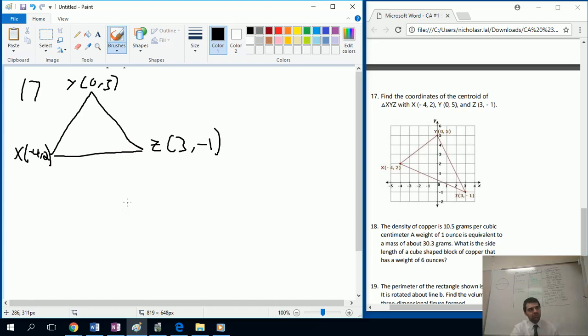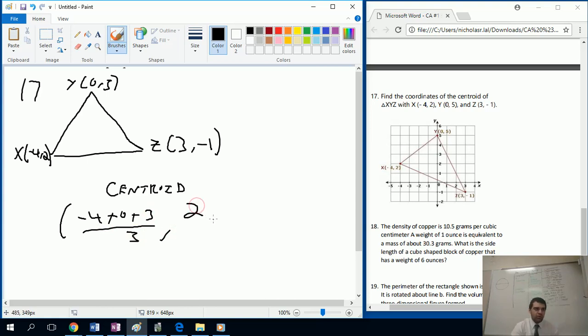So what we're going to do, you can just find the centroid by adding up the x's divided by 3, adding up the y's divided by 3. So our centroid is going to have coordinates negative 4 plus 0 plus 3 divided by 3, and 2 plus 5 plus negative 1, that becomes 6 divided by 3.